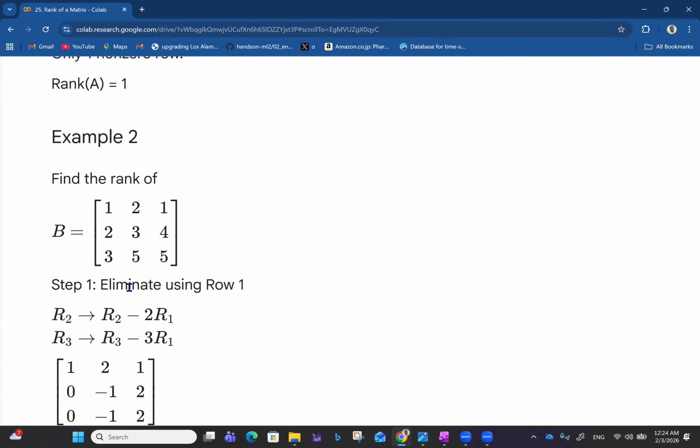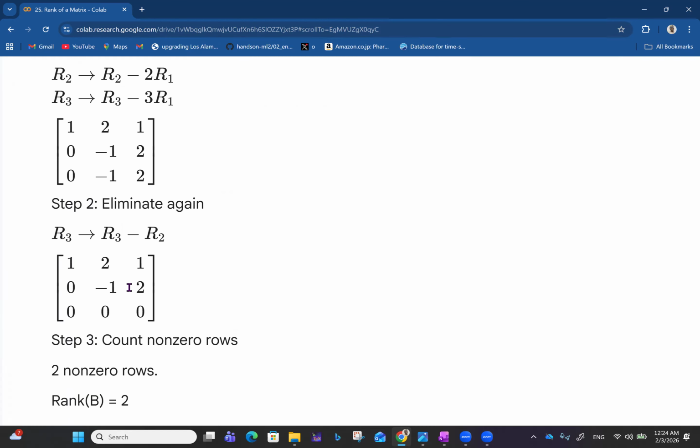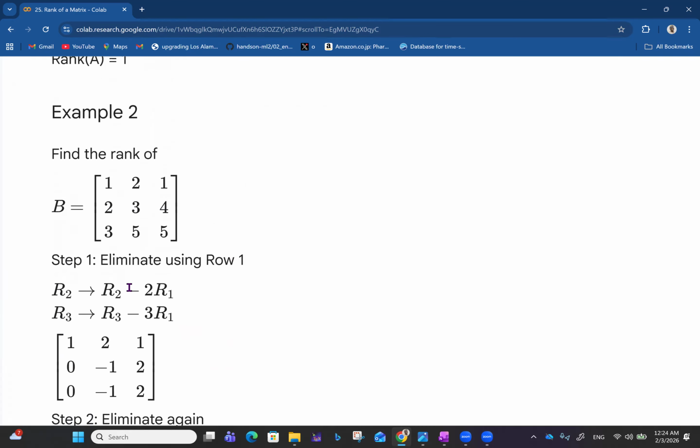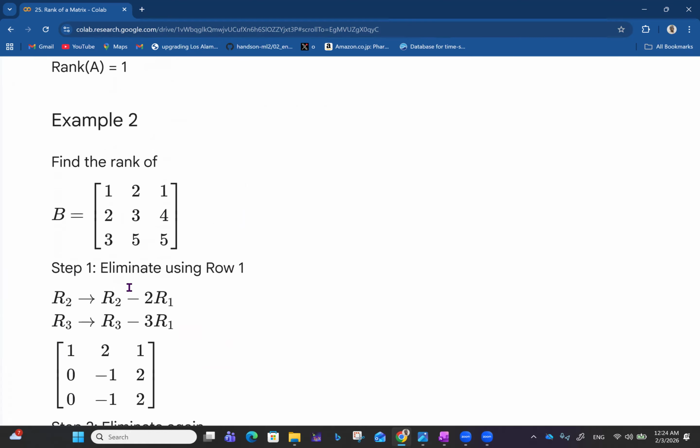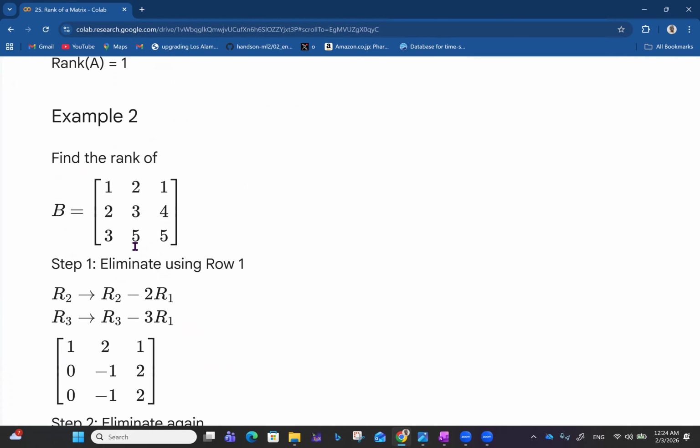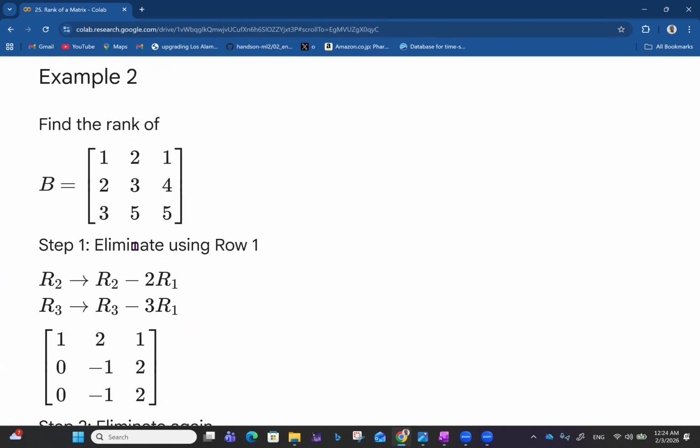So for example, to see what happens, here you have 1, 2, 1. Find the rank of [[1, 2, 1], [2, 3, 4], [3, 5, 5]]. So first you do row reduction. You have 1, 2, 1 here. Then for this row, 2 minus 2 times 1, that will be 0. 3 minus 2 times 2, that's 3 minus 4, which is minus 1. 4 minus 2 times 1, that's 4 minus 2, which is 2.